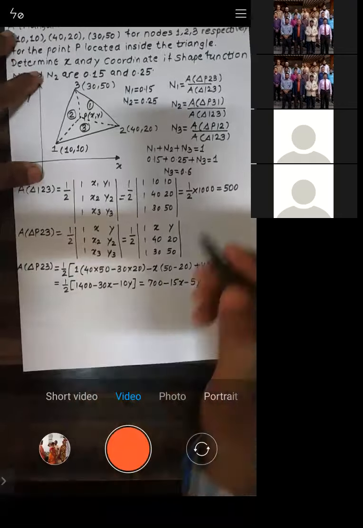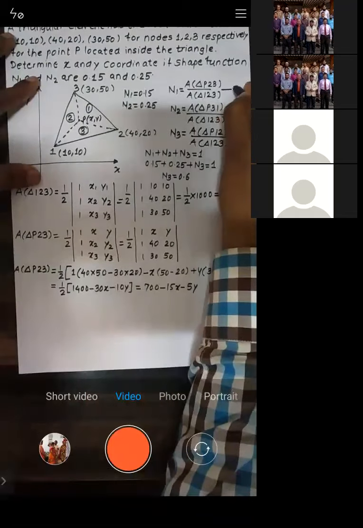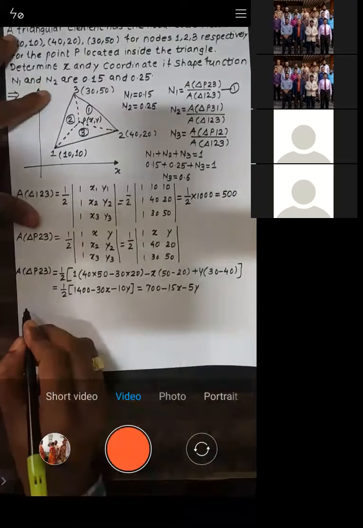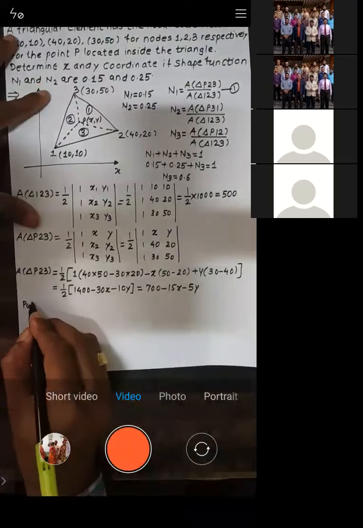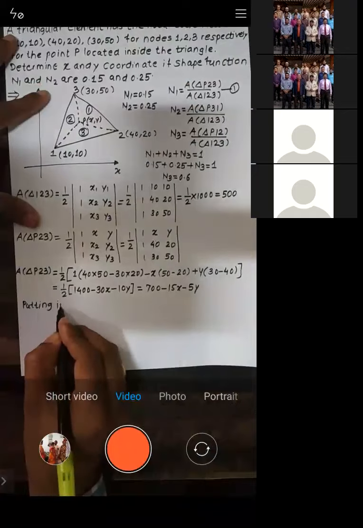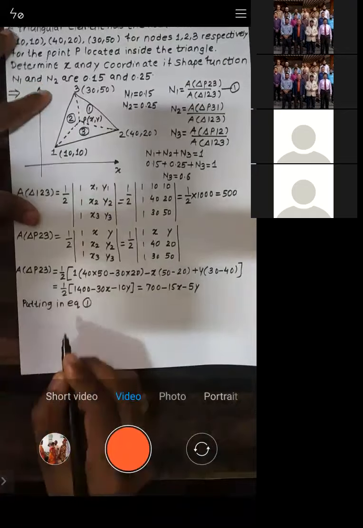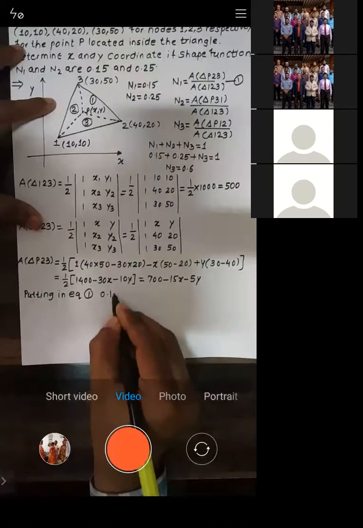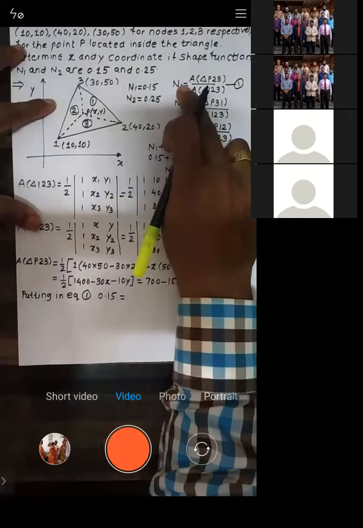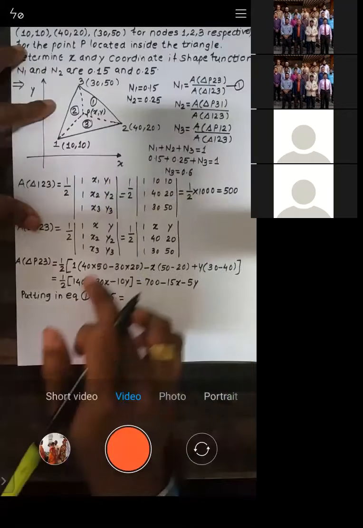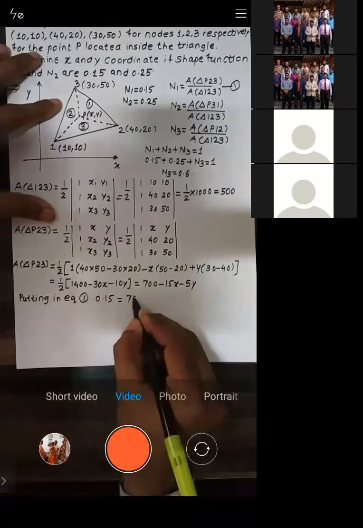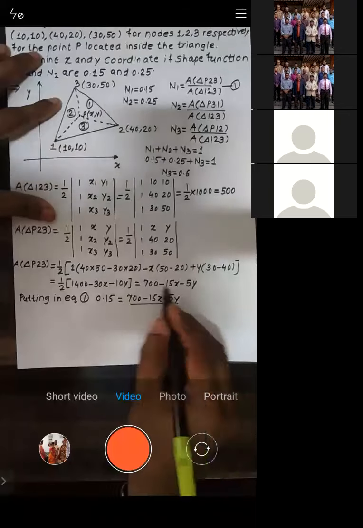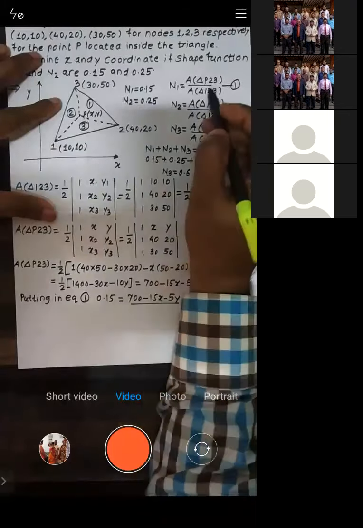Now you put this value in equation number 1. So what is the value of n1? It is given as 0.15, which is equal to the area of triangle P23, that is 700 minus 15x minus 5y, upon the area of triangle 123.